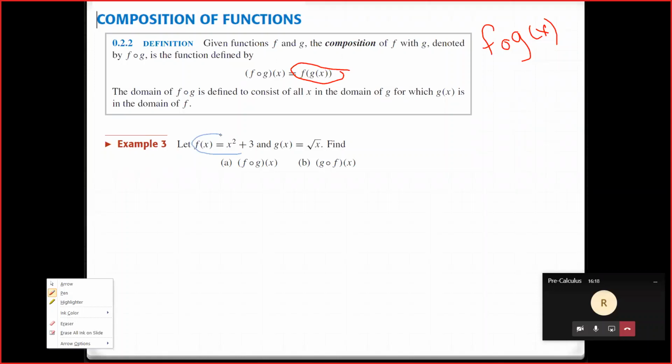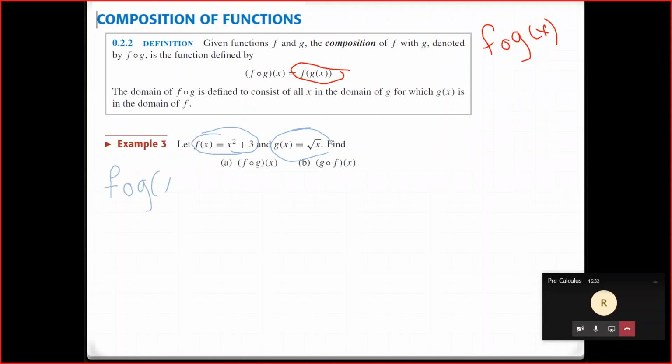So now, f of x is x squared plus 3, and g of x is square root of x. Now, I want to find f of g of x. How can I find it? Now, f of g x is f of g of x.